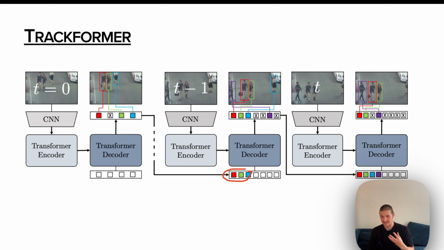We use those as 3 queries for the decoder input, and the remaining 97 queries are again statically initialized. Then we ask Trackformer to find the positions of the first 3 queries in the new picture. Someone else also detected this new object, and when we detect a new object that was not present in the previous frame, we initialize it with a new track ID.